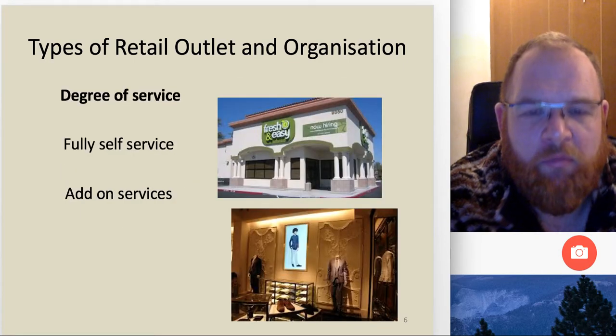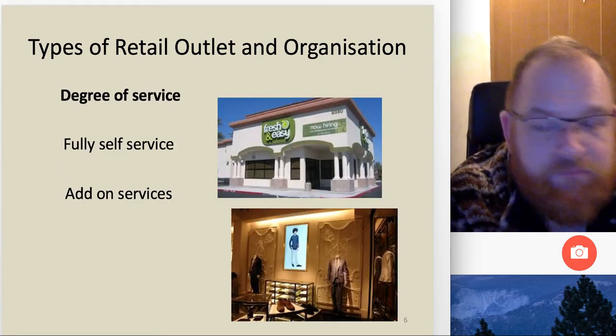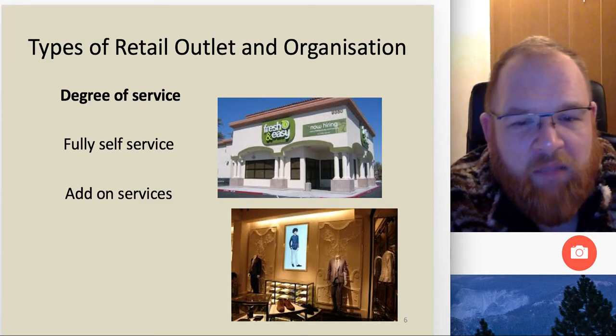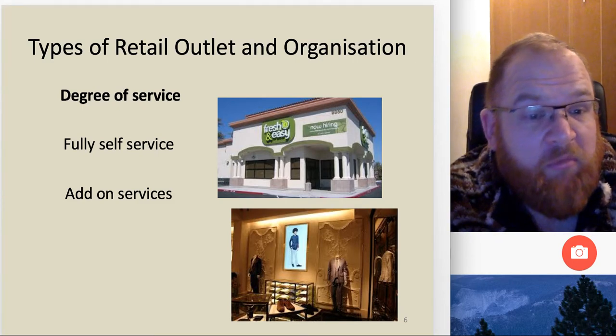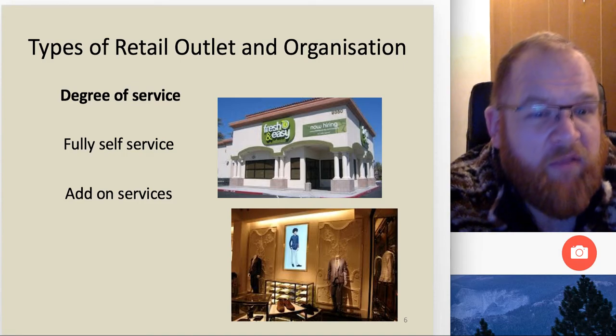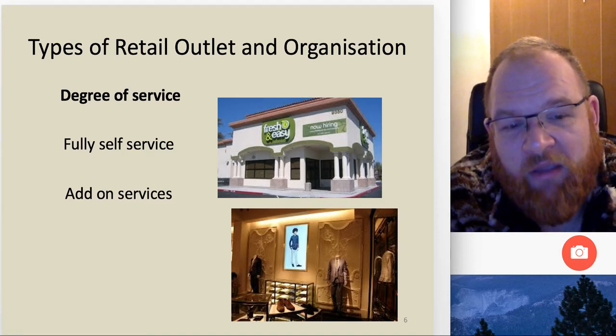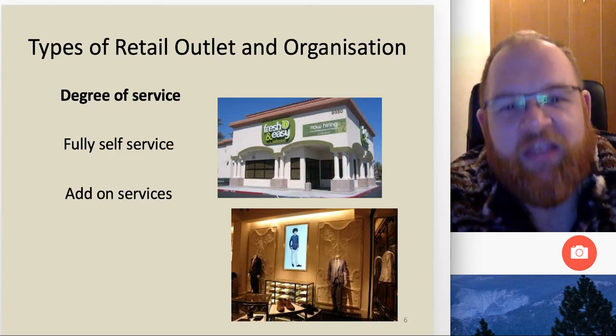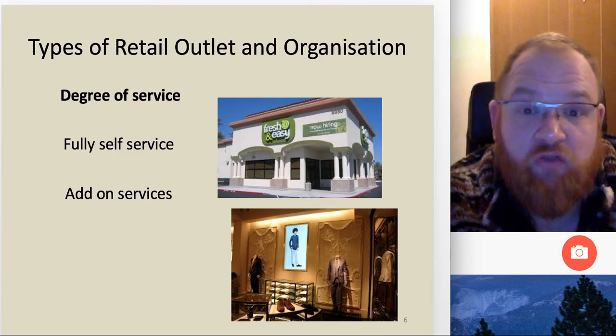We can also group by types of service. That might be a self-picking supermarket, for example, where you go in and you pick the stuff yourself, or it might be a full service, which would be a kind of high-end tailor, where everything is done for you or to you.